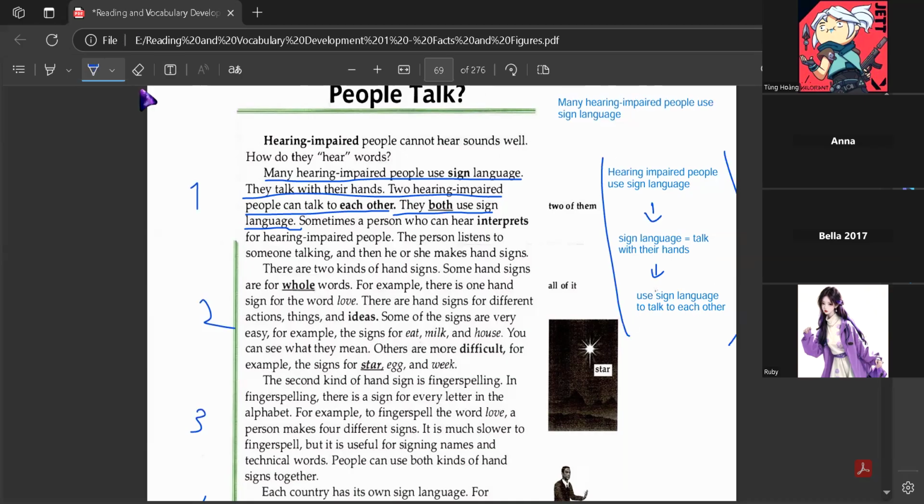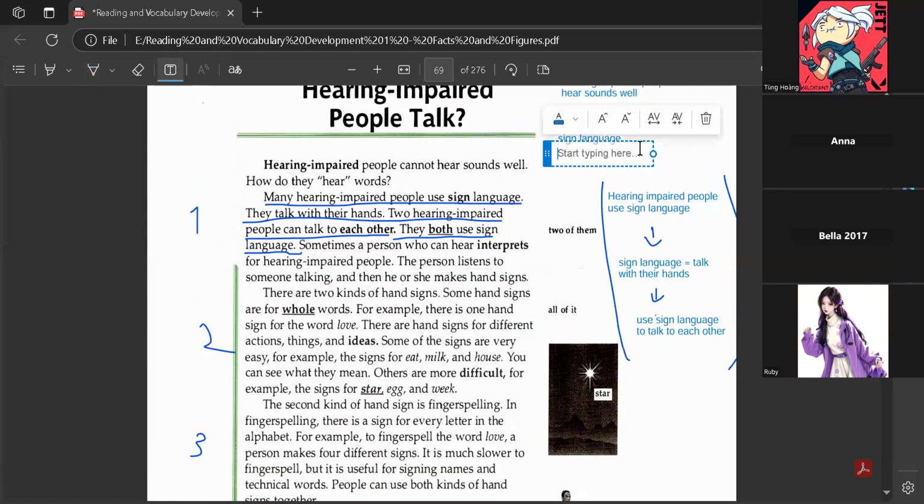We're going to paraphrase it into only one sentence like this: many hearing impaired people use sign language, which is talking to each other, which is talking with their hands.